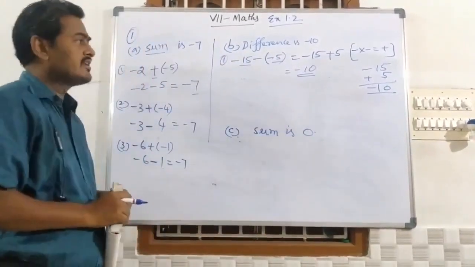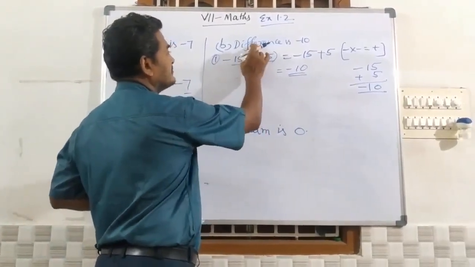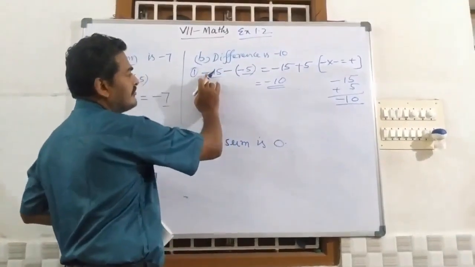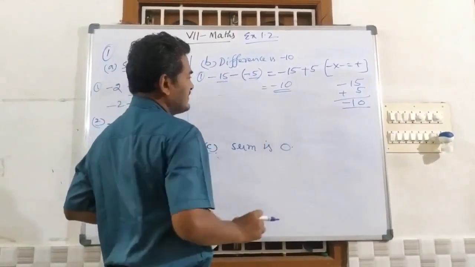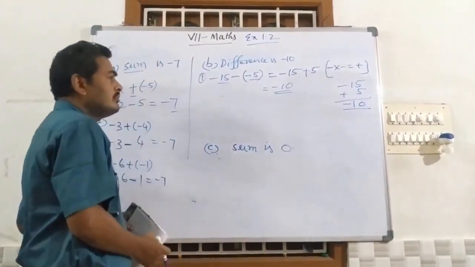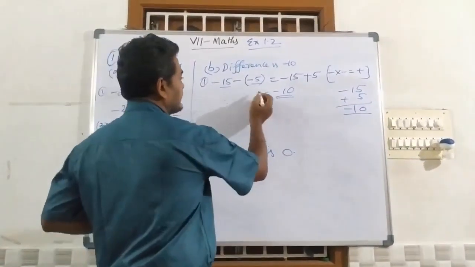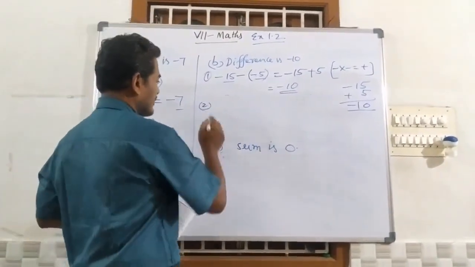The two numbers I have taken are minus 15 and minus 5, and minus 15 plus 5 equals minus 10. The difference is minus 10. Now another example I am going to take.